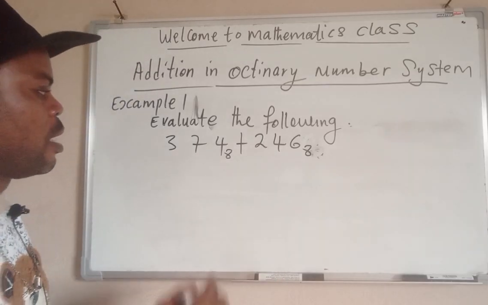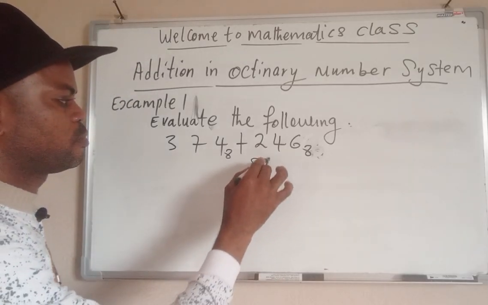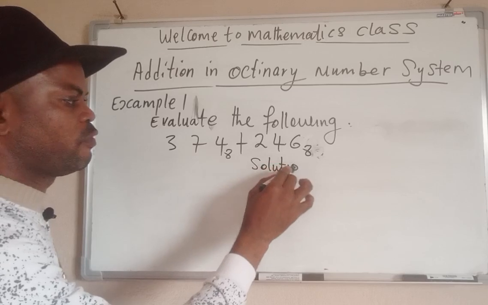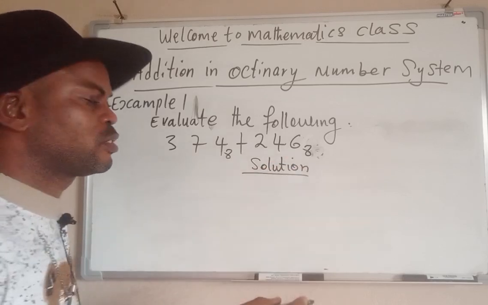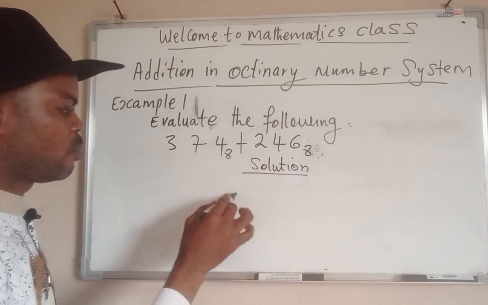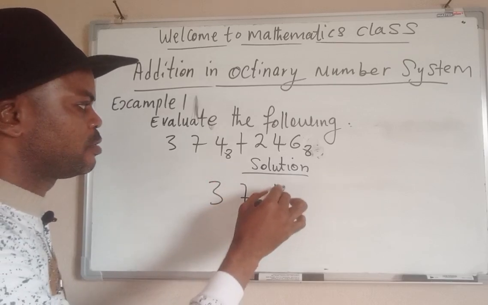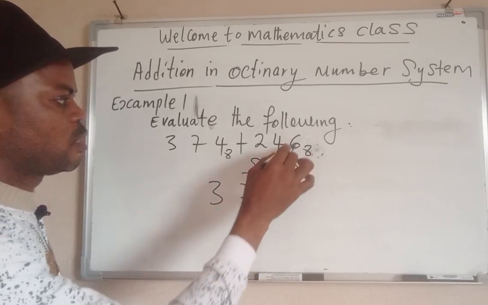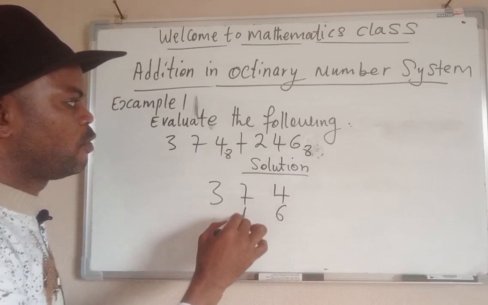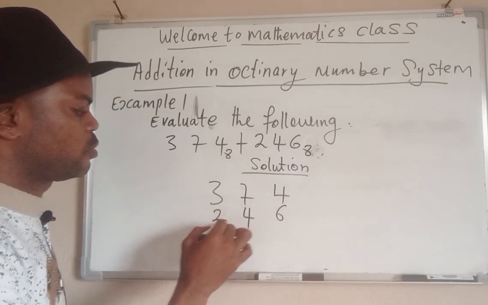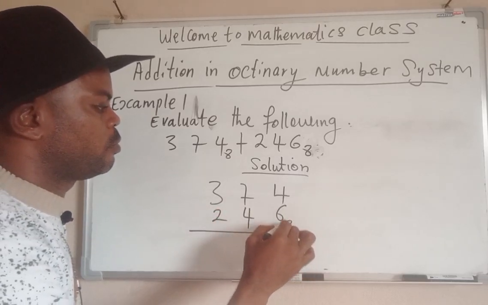So what am I talking about? The solution will be this. Just pay close attention. It's not difficult. It's very easy. Just tell yourself you can do it. We do the proper arrangement like you have in base 10. Then you're going to have 6, 4, and 2, all in base 8.